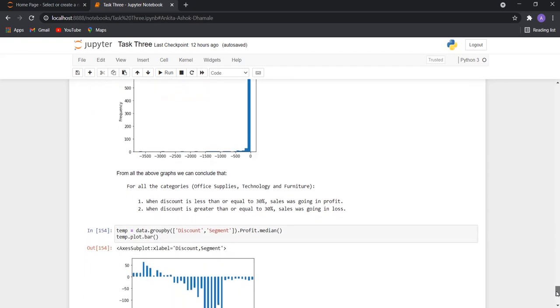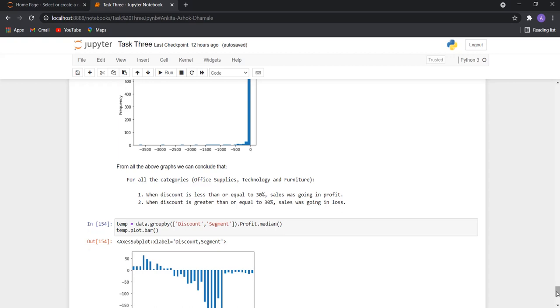loss. So from all the above graphs, we can conclude that for all the three categories, when the discount is less than or equal to 30%, the sales were going in profit, while when the discount is greater than or equal to 30%, sales were going in loss.